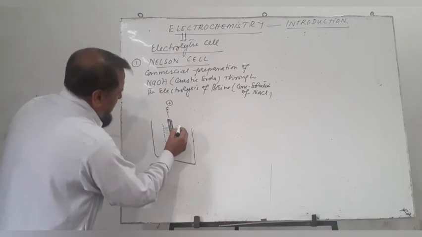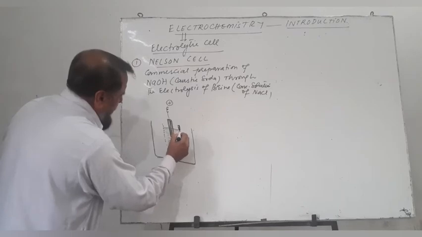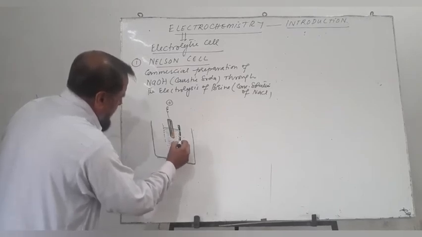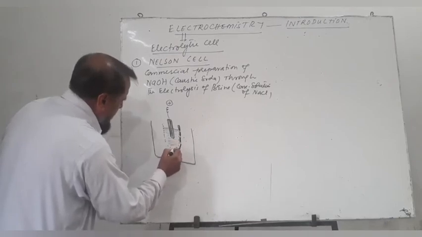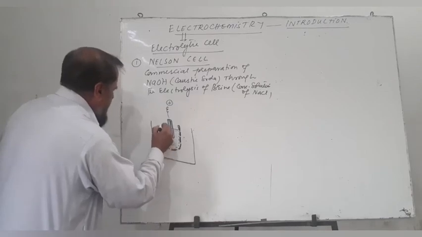Cathode is made up of steel plate which has many perforations, and it is present outside the porous diaphragm. A perforated steel sheet which is present outside the porous diaphragm acts as cathode. It has many pores in it.